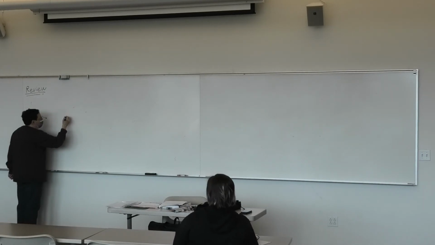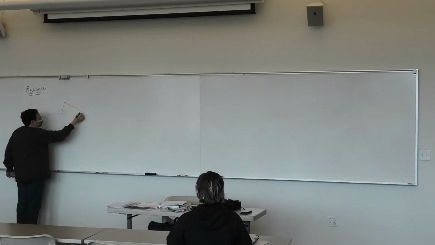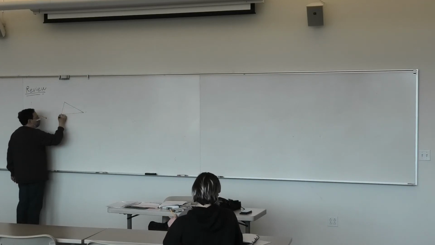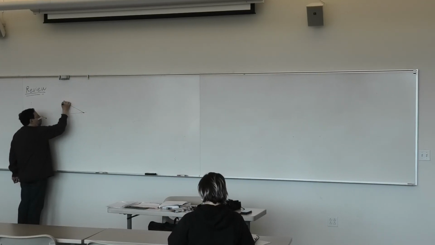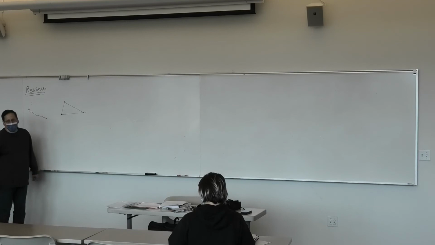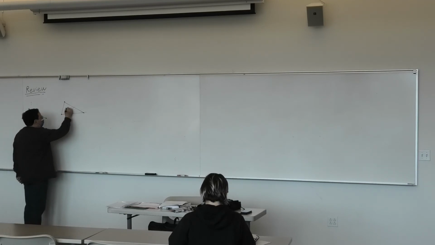We want to put it in some shape. You might want to put it in the shape of a triangle, and the rope is going to be the perimeter, and we want to optimize, say, the area.